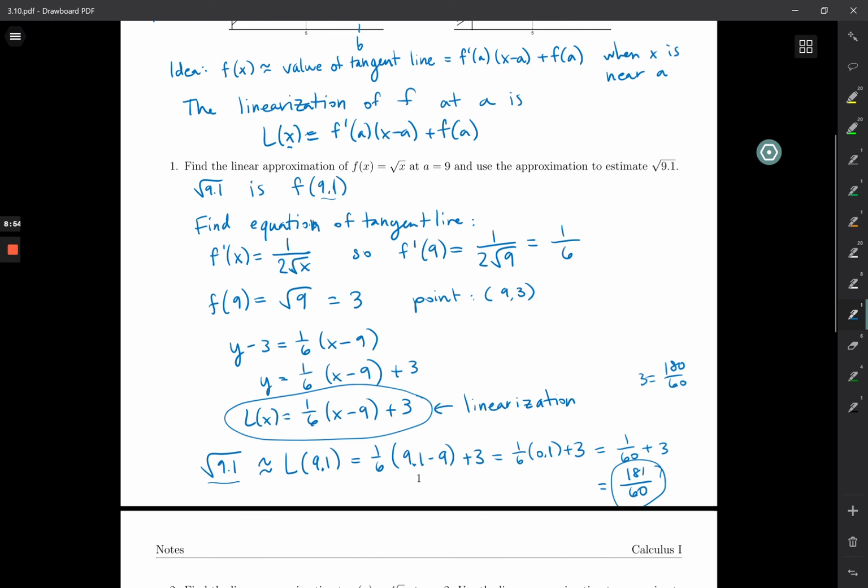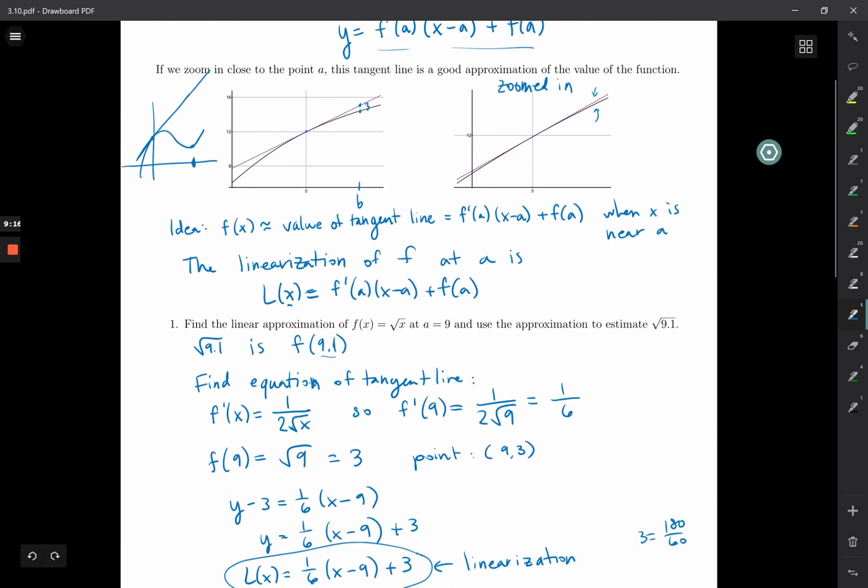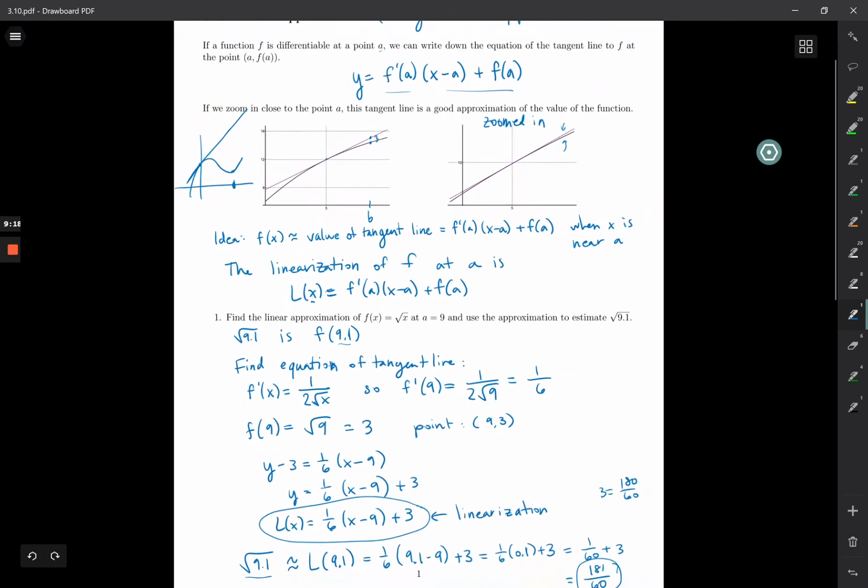Okay, now it might seem silly to have done this because we can just plug 9.1 into a calculator and get a value for it, right? But that's not really the point of this, although the problems that you're going to get are probably similar to this one. The overall idea here is really useful, actually.